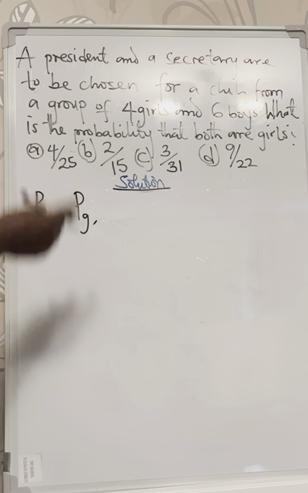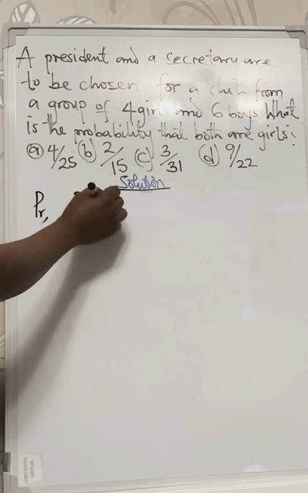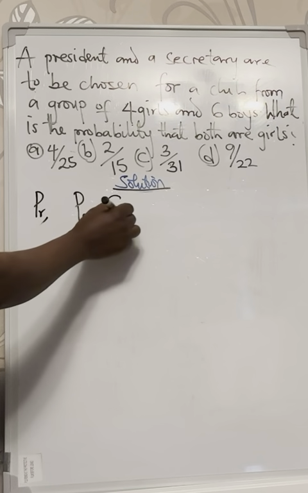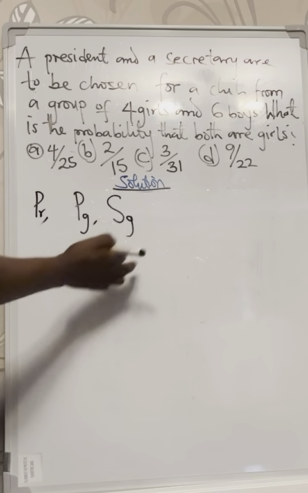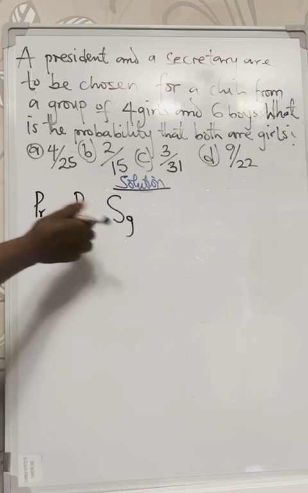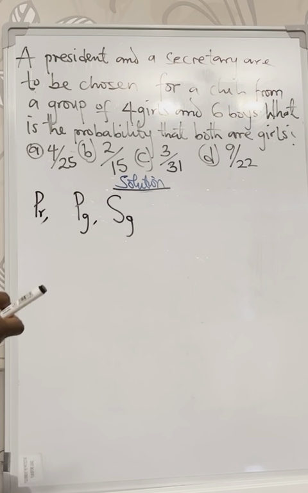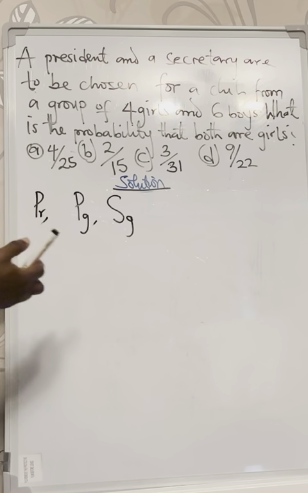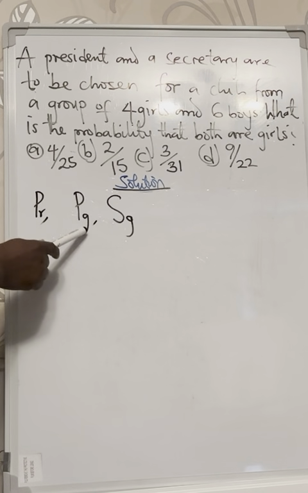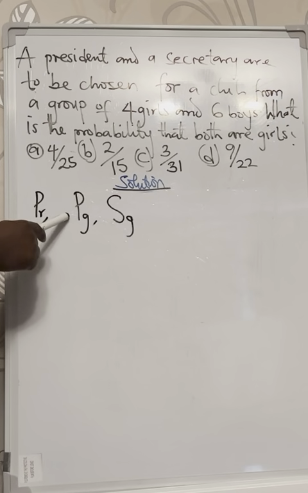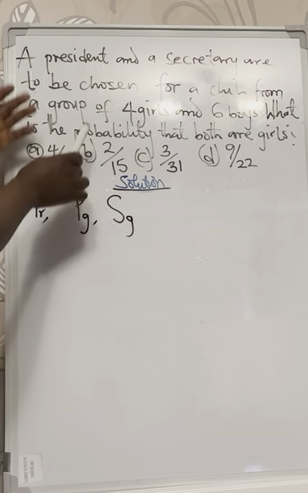And also, let the probability that a girl is a secretary be defined too. It doesn't really matter; you can assign any letter of your choice, provided you know what you are doing. If this represents the probability, this one represents a girl as president, and this one represents a girl as secretary, let's dive right into the question.